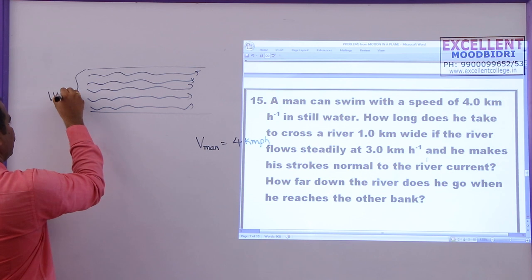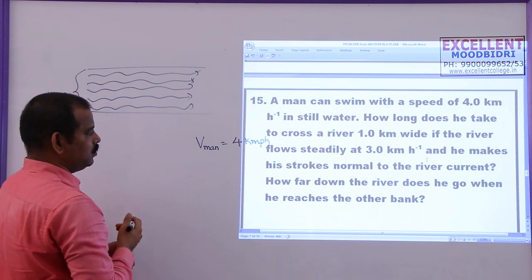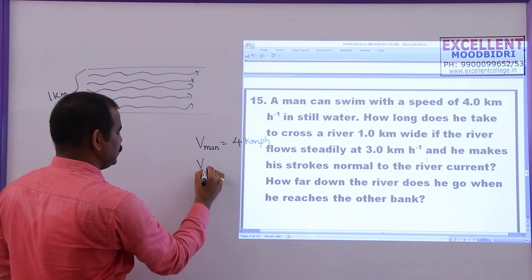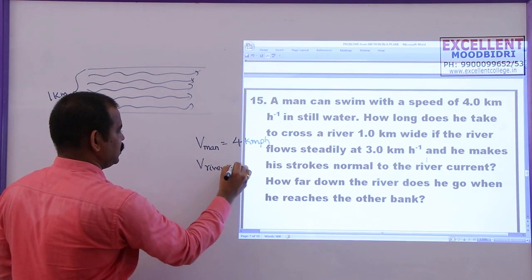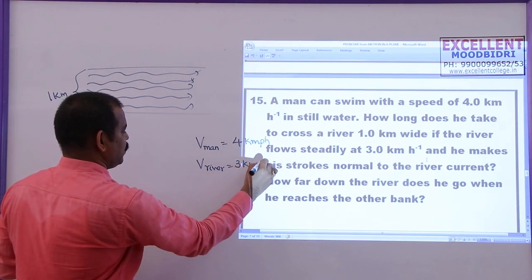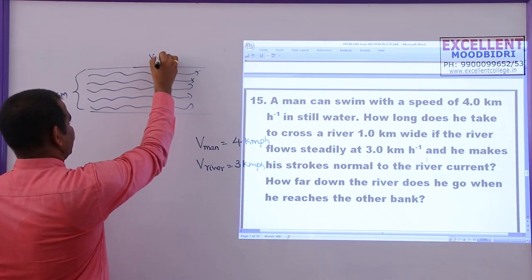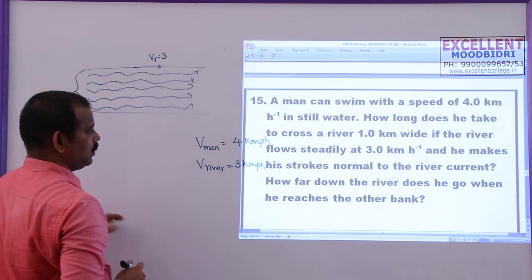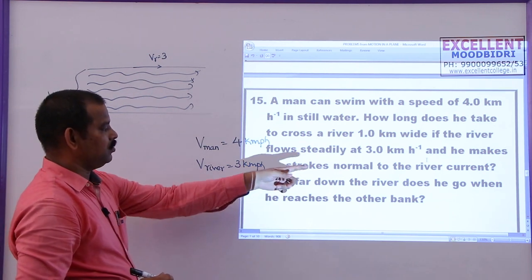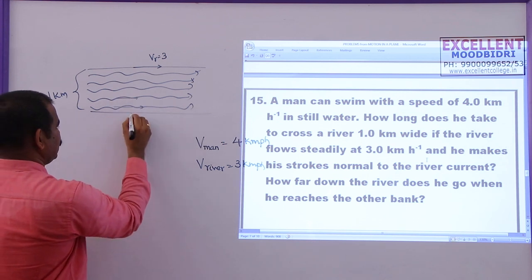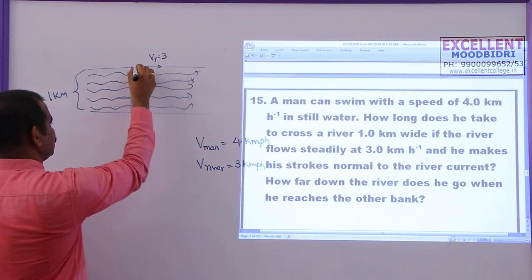The width of this river is 1 kilometer, which is flowing steadily at 3. That means velocity of river in this case is 3 kmph. So this vector is velocity of river 3, and he makes his strokes normal to the river current. That means this river current is in this direction, he is making strokes in this direction.